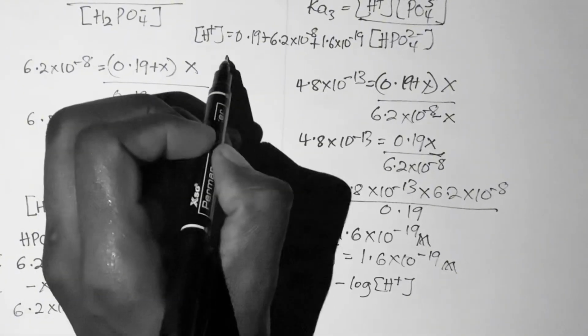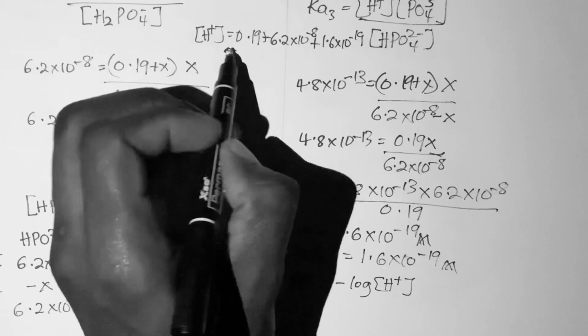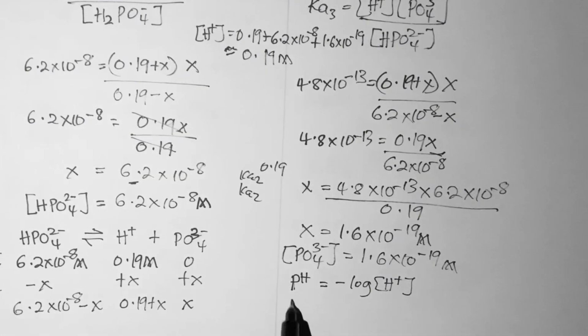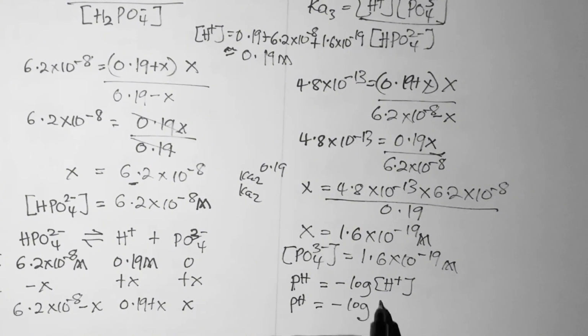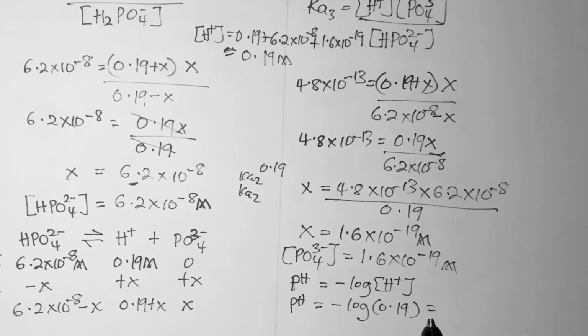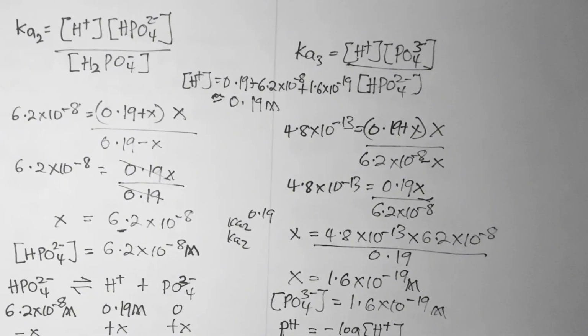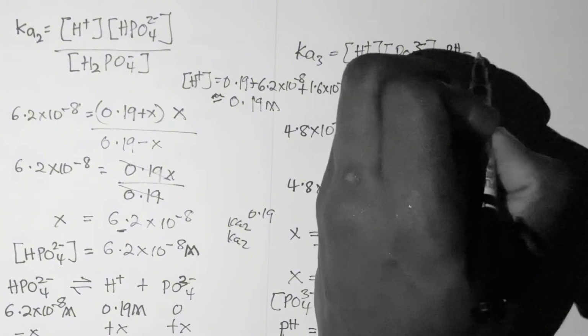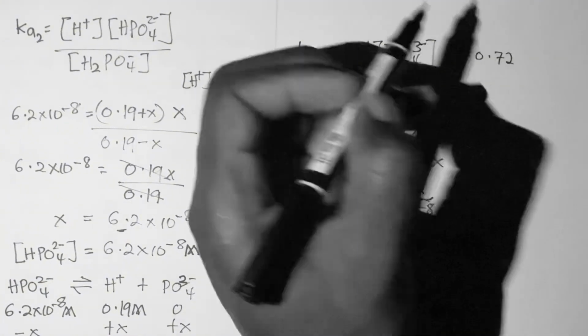But if you add all of this, it is approximately 0.19 molar. So the pH will be equal to minus log of 0.19. And if you do this, you are going to get 0.72.